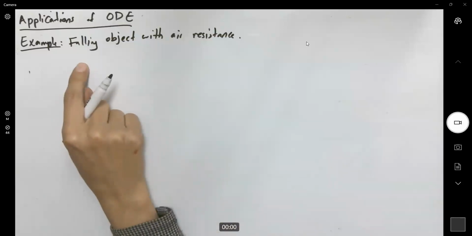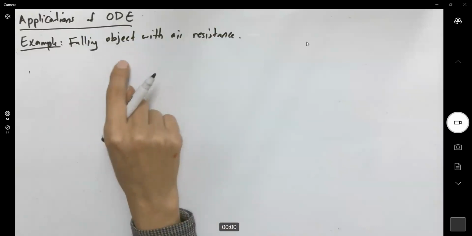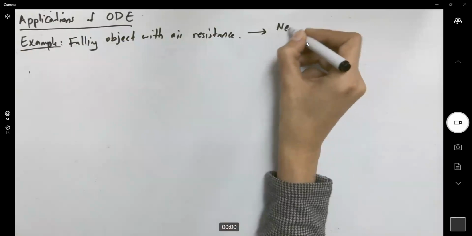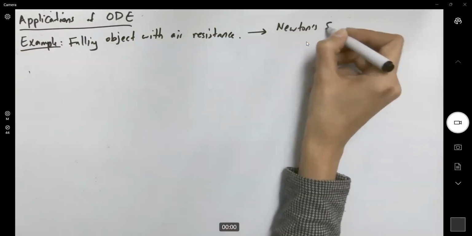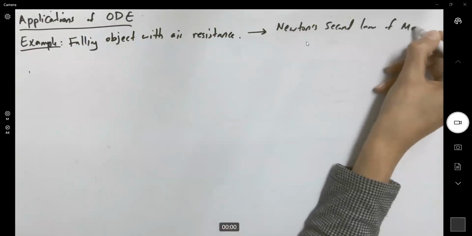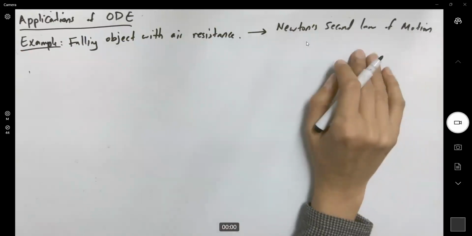First of all, since we're talking about falling object with air resistance, it means that we're going to use Newton's second law of motion. Let us review this guy.